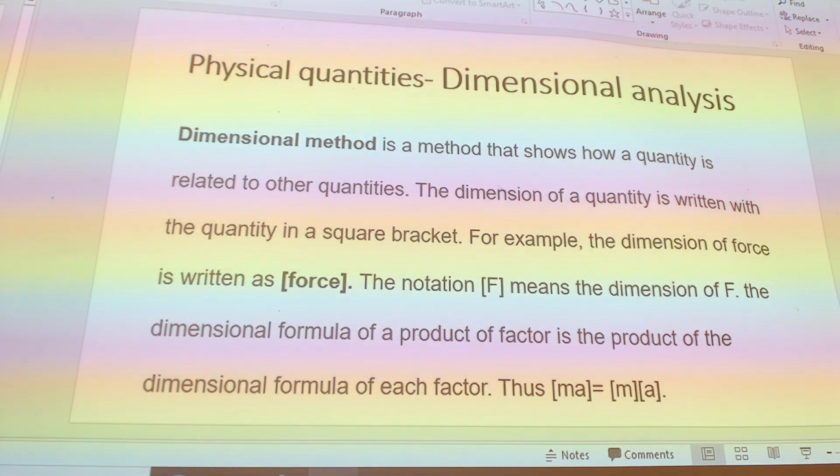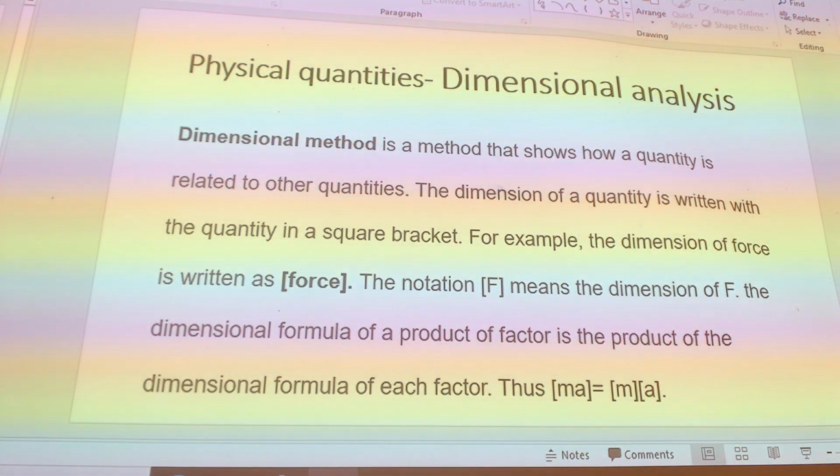Take note, the dimension of a word is always written with the first letter of that word, but it is restricted to the seven basic fundamental quantities, as we discussed in the previous video. For the three main ones, length, mass, and time, we consider the first letters of those words. Dimension is always differentiated from a word. If we have the word mass, we call it mass.